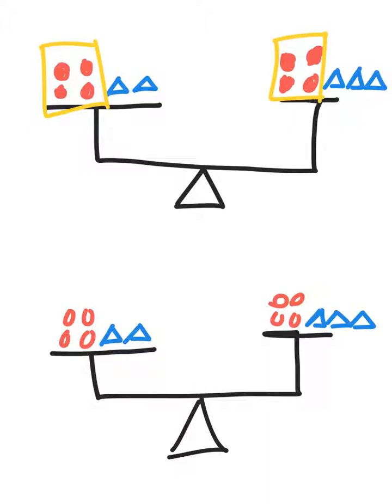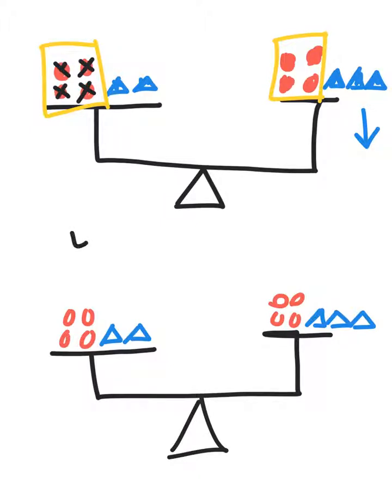So what's going to happen to my scale when I have 2 blue triangles on this side and 3 blue triangles on this side, assuming they weigh the same? This is going to make this side heavier. When we're solving equations, the 2 sides are supposed to weigh the same amount. If I wrote an equation for this one, let's say that each circle represents x.